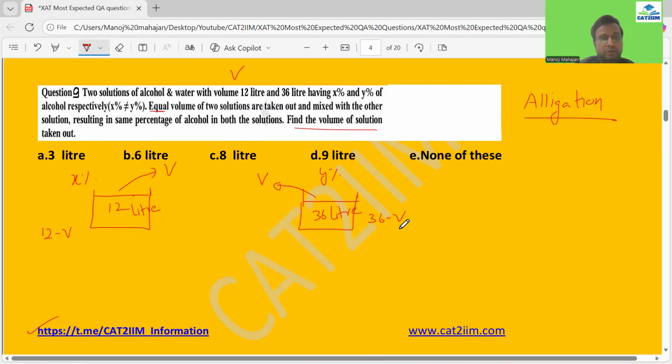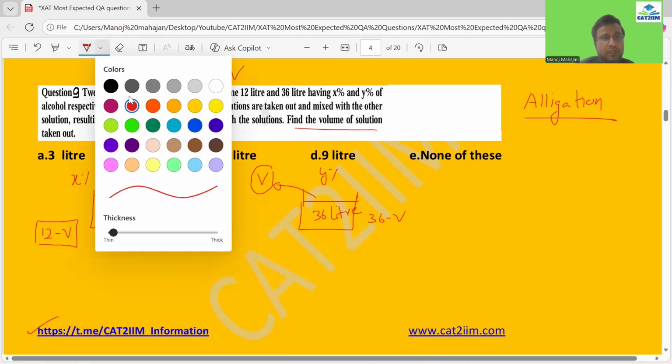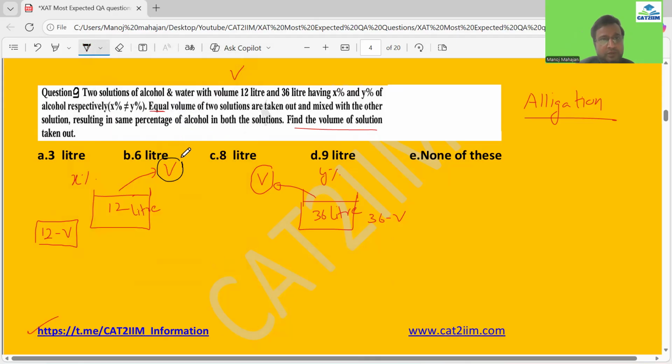Now let's say this V I mixed with this 12 minus V, and this V we are mixing with 36 minus V. So when you mix with 36 minus V, this V was having Y% and this was having X%.